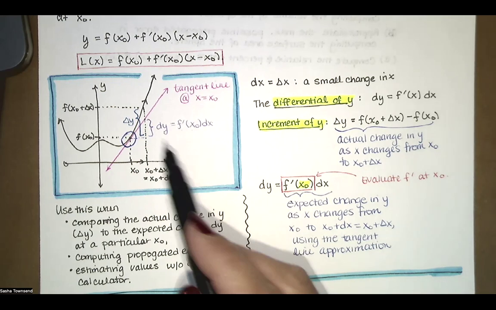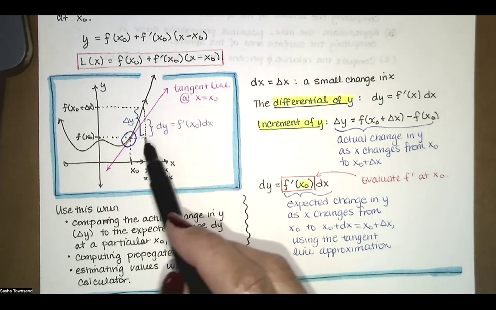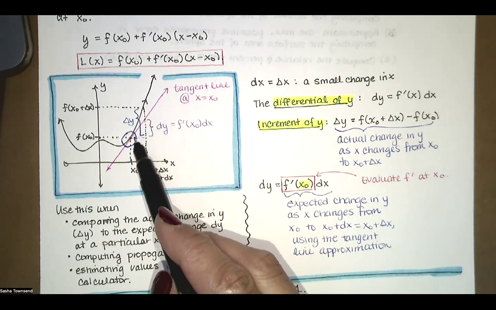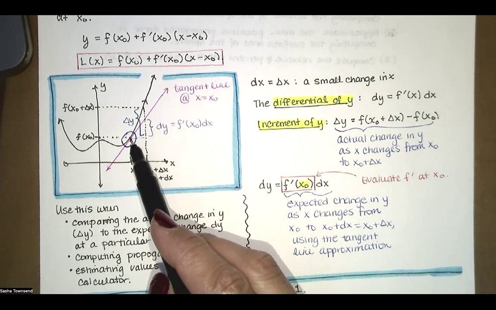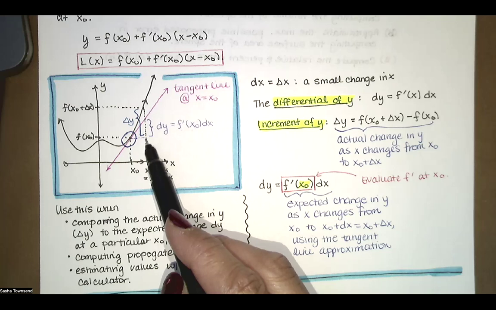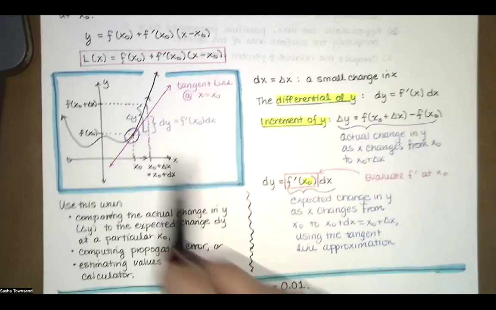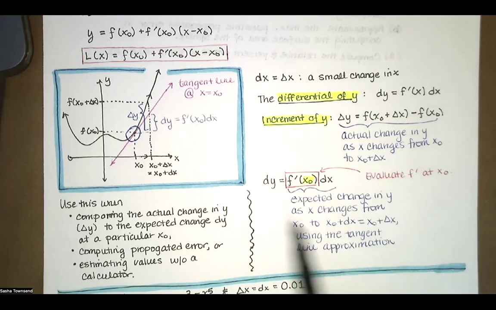This dy is the change in y using the tangent line as an approximation to the function as x goes from x naught to x naught plus dx, or x naught plus delta x. Because again, we're thinking of delta x and dx as interchangeable. So we're going to use this terminology in a few different types of problems.